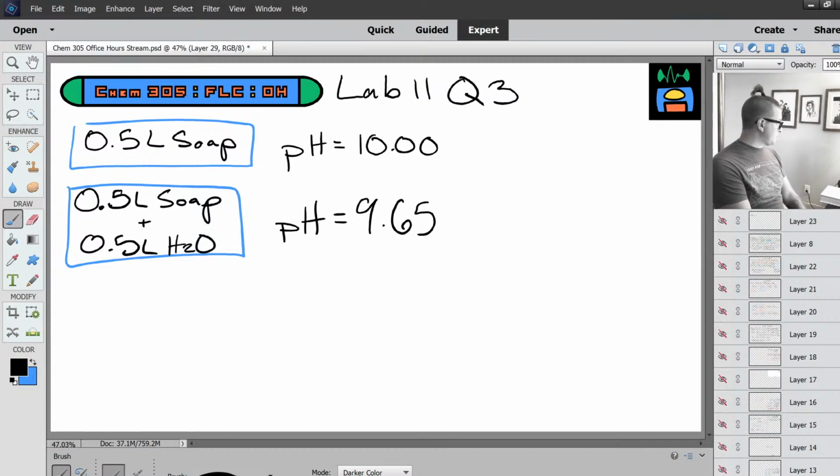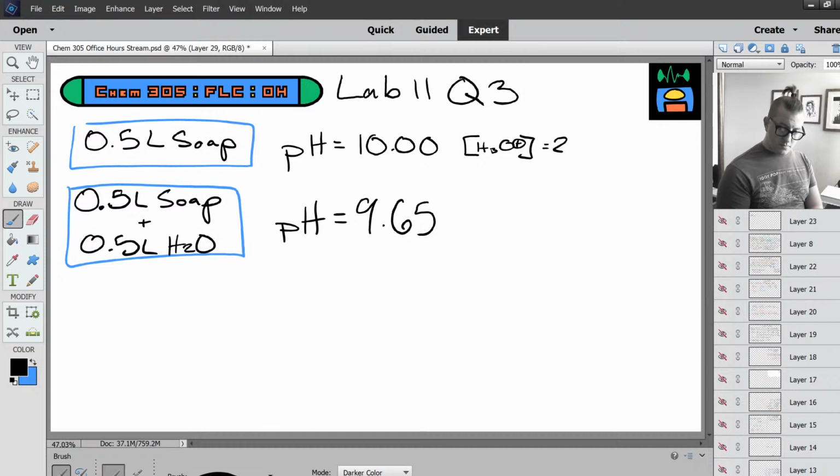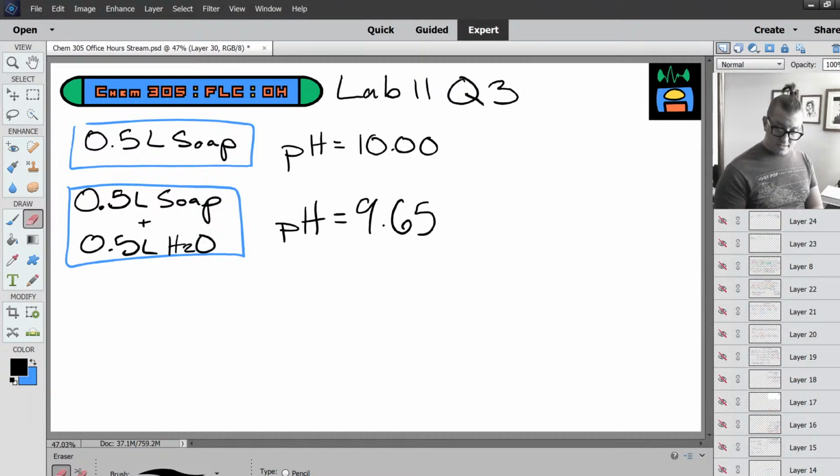Okay, so question 3 wants us to determine the concentration of hydronium and the concentration of hydroxide for both of these.